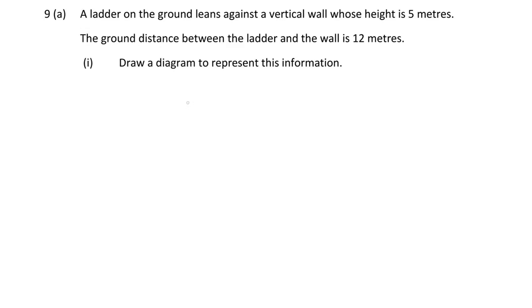First we are going to draw a vertical wall, and then we are going to draw the ground, and then we are going to draw a ladder connecting the wall and the ground. So here the wall is 5 meters and here the ground is 12 meters. And this is going to be our sketch.